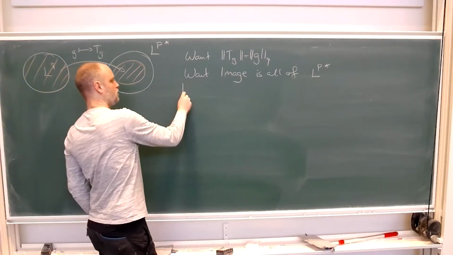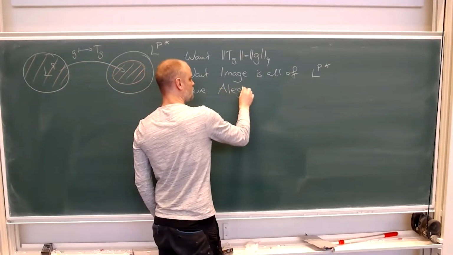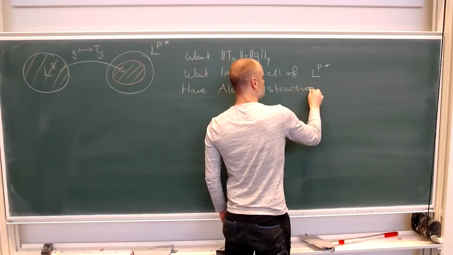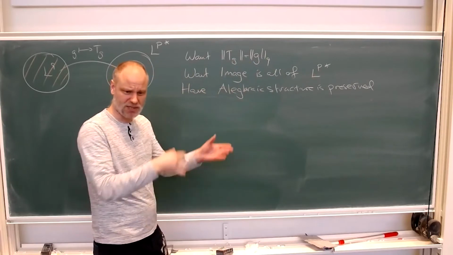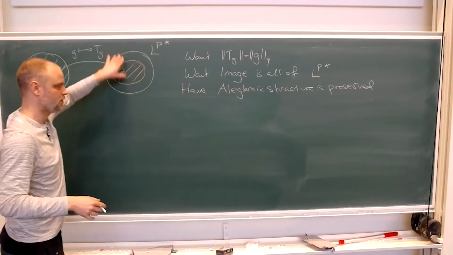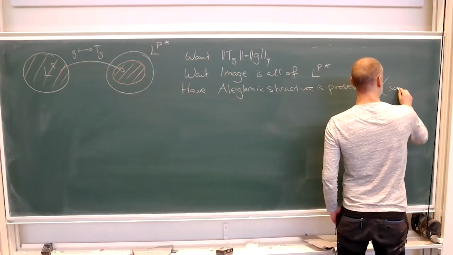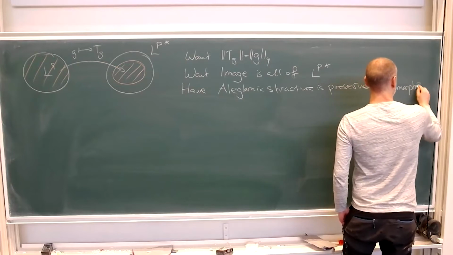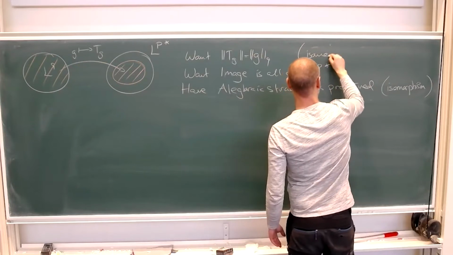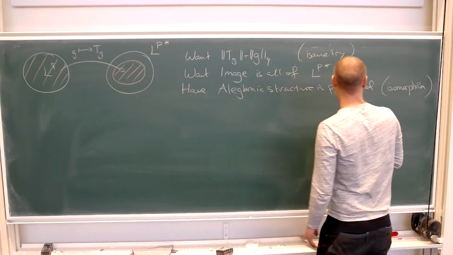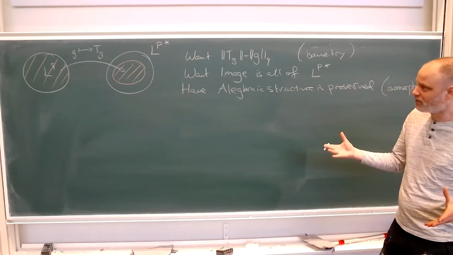And what we have is that the algebraic structure is preserved. Yeah, so this means that plus or multiplication, linear expressions, if you take them here, you get the same expression over here. So usually when the algebraic structure is preserved, we call it isomorphism. And when we have the norms being equal, we call it isometry. An isomorphism also means that you should have a bijection.